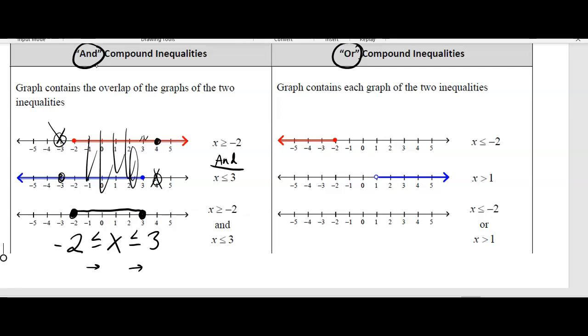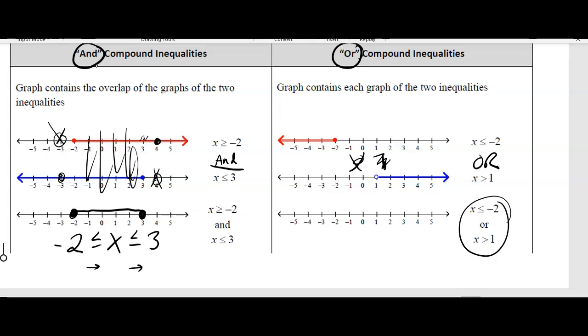Over here, if it's an or, it just has to be one or the other. So I have to be less than or equal to -2 or greater than 1. So 0 doesn't work. In this case, 1 does not work, because it has to be greater than 1. And if I get to -2, though, it can be -2 because it's an equal to. So here's the correct way to write it. That's the only way you can write it.